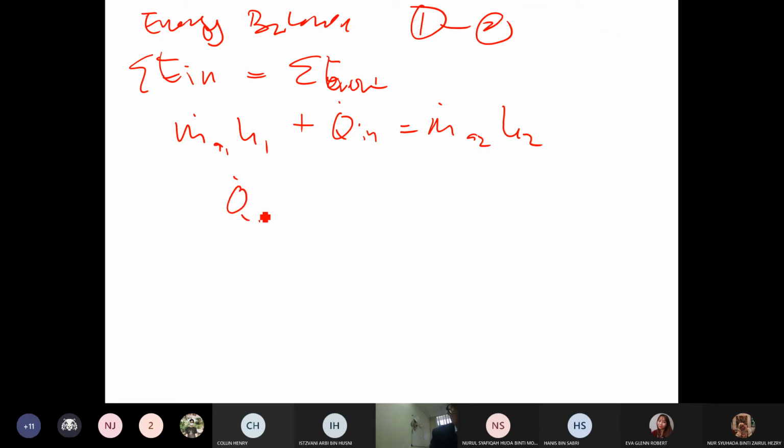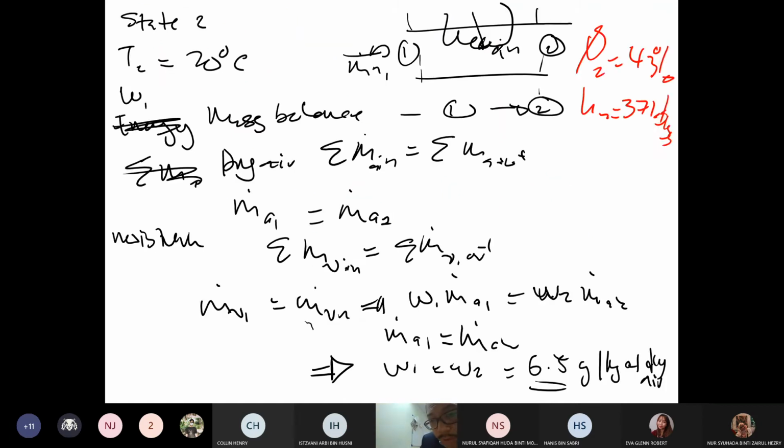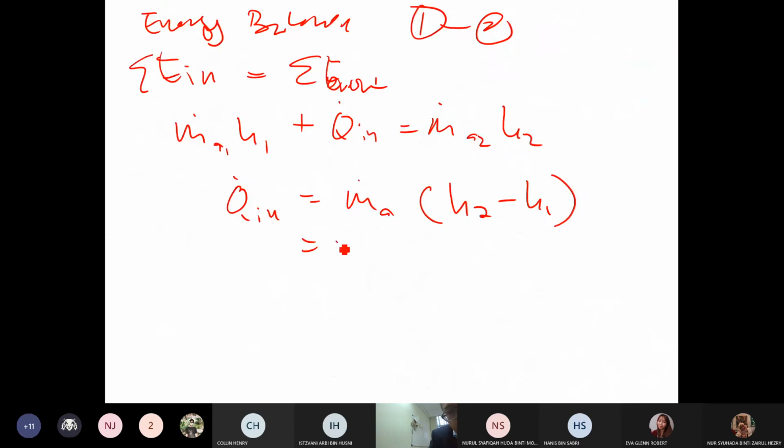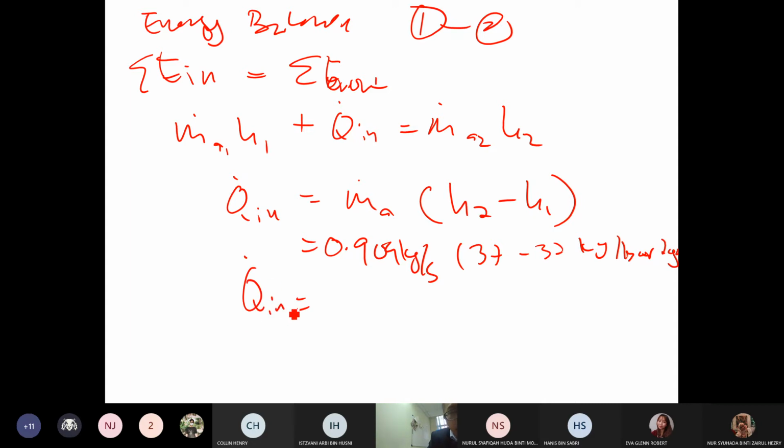So what we have is amount of heat in which is equal to m dot A kali dengan h2 tolak dengan h1, which is m dot A berapa tadi? 0.909 kilogram per second. h2 37 minus 32 kilojoule per kilogram of dry air. Okay. So dapatkanlah nilai Q in ya. Berapa? Boleh tolong kira kan?